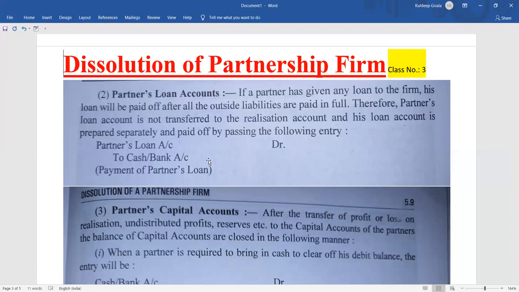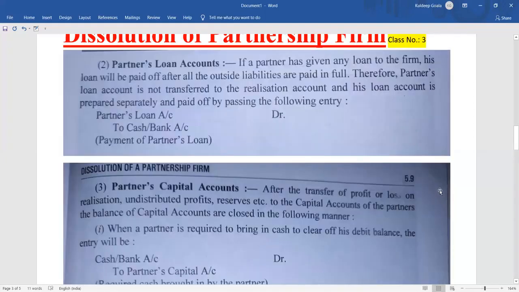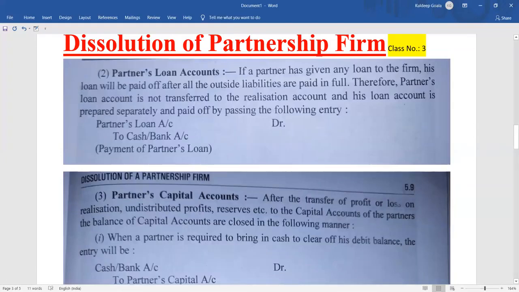Okay, now sometimes it can happen that a partner has taken a loan. I will mention that situation here so that it is understandable to all of you.